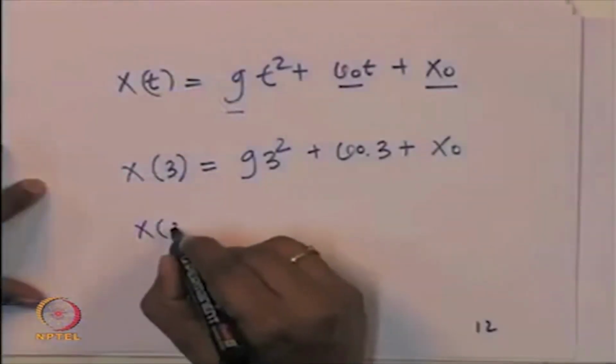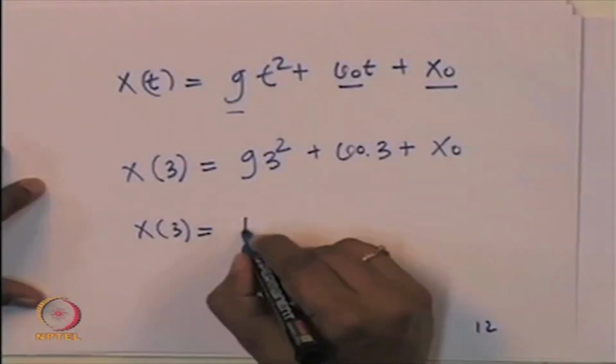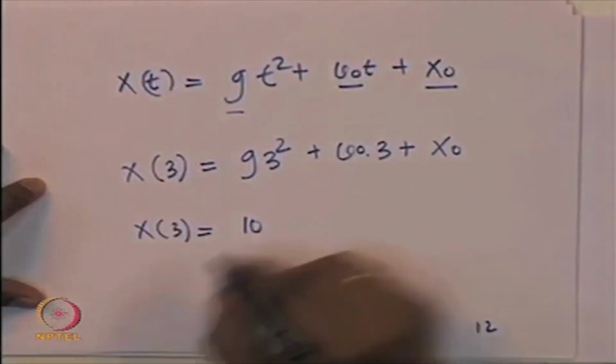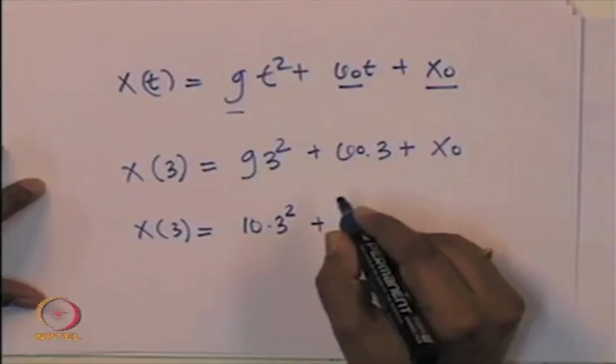Now if we say that x 0 is your height, let us say your height is like 1.5 meters. So let us say you are dropping this pen from 1.5 meters, I can get x after 3 seconds. It is g, which we know is close to 10 meter per second square, into 3 square plus v 0.